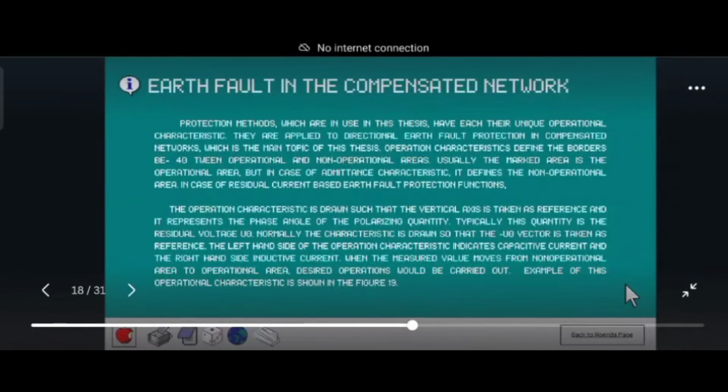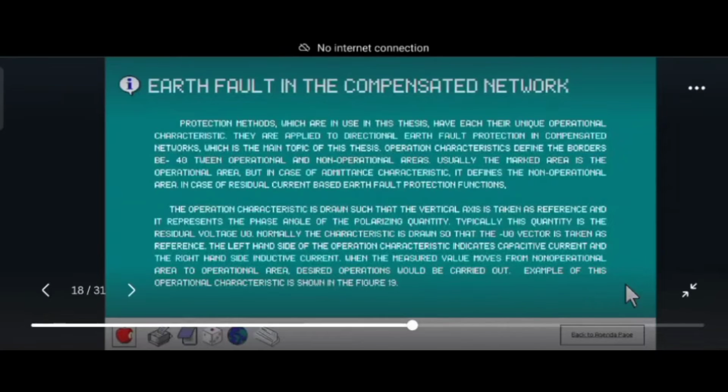The operation characteristic defines the borders between the operational and the non-operational areas. Usually, the marked area is the operational area, but in the case of the admittance characteristic, it defines the non-operational area.